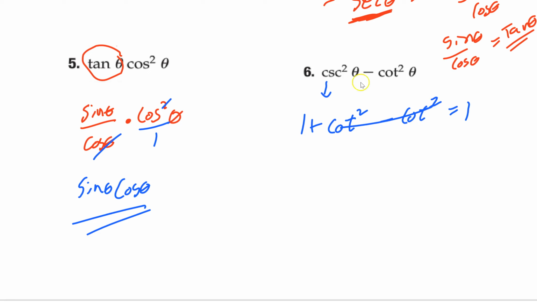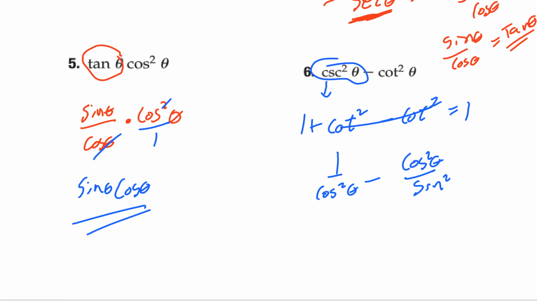Now let's say you didn't know those rules very well. Well, we could do my third hint. Change everything to sine and cosine. Cosecant is 1 over cosine squared. Cotan: tan is sine over cosine, so cotan is cosine over sine. So again, this is the shortcut way, and this is a long way.